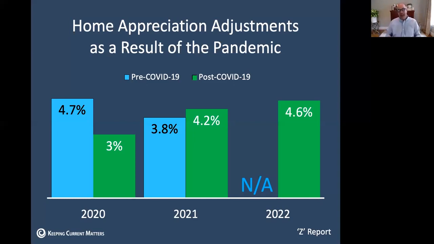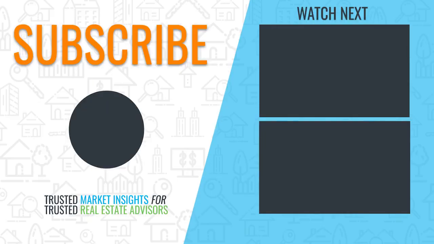They had not yet forecasted 2022, but have now forecasted that to 4.6%. But what's the important thing here? You don't see any red bars. You don't see any depreciation right now. And other forecasts are coming in. As we have those, we're going to bring those to KCM members so that they have the most up-to-date forecast in our business.